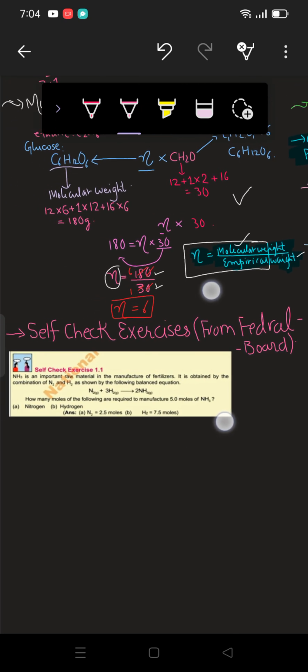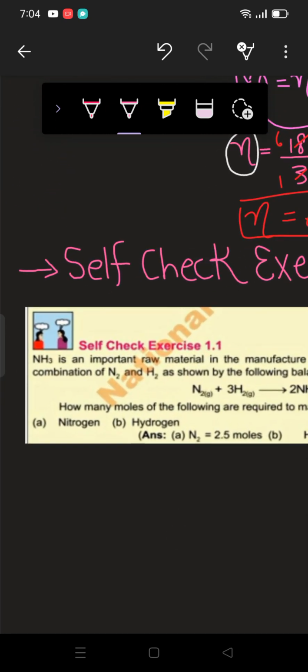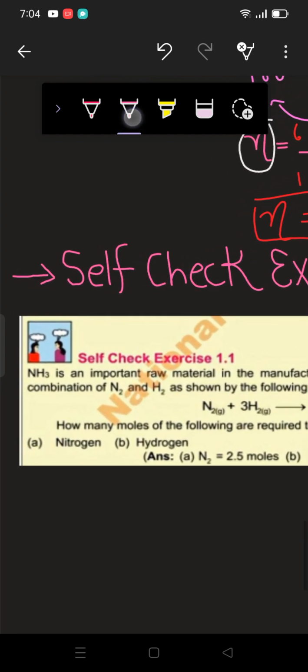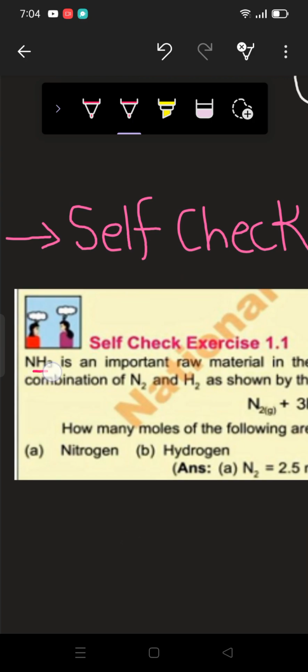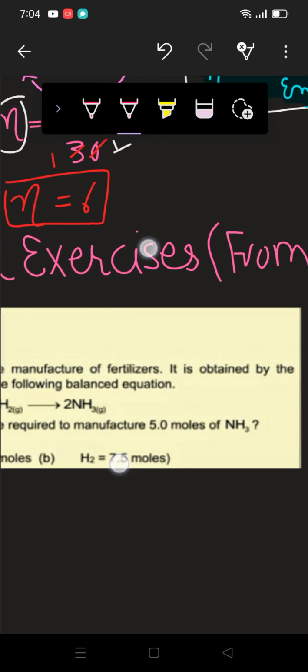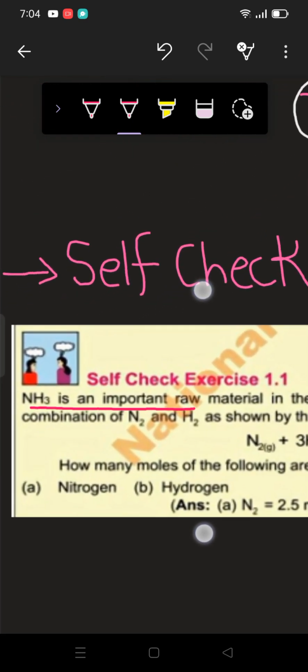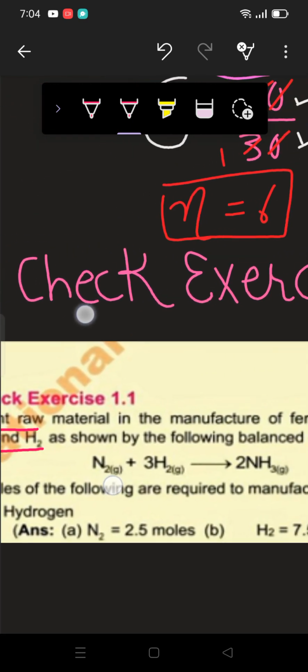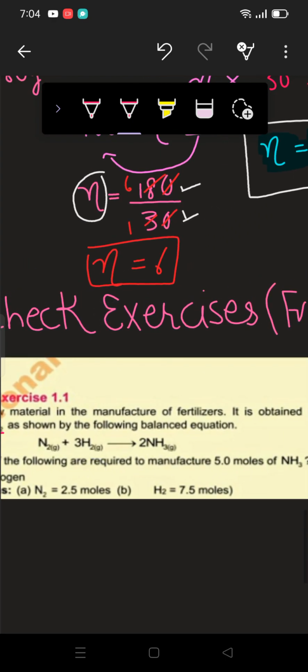So starting with our first self-check exercise, that is 1.1. Now see, NH3 is an important raw material in the manufacture of fertilizers. It is obtained by combination of N2 and H2 as shown by the following balanced chemical equation.